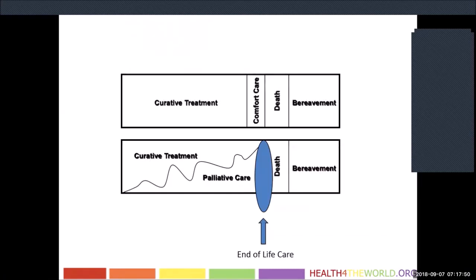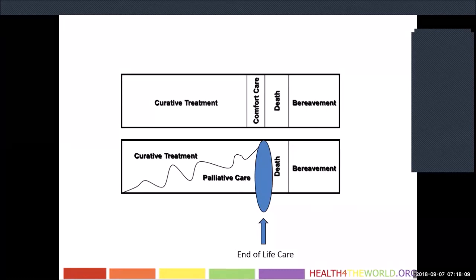So no good palliative care lecture is complete unless you see this slide. And I'd like to draw your attention to the second diagram, that when patients are first diagnosed, curative treatment, appropriately so, is taking up most of their time.